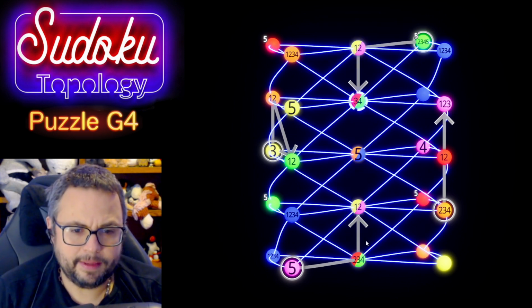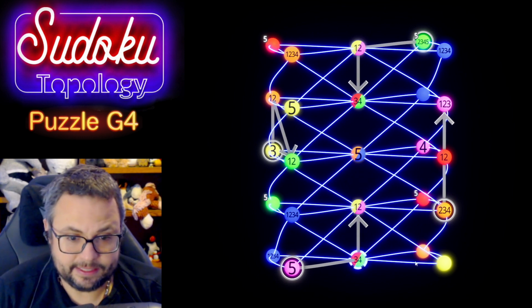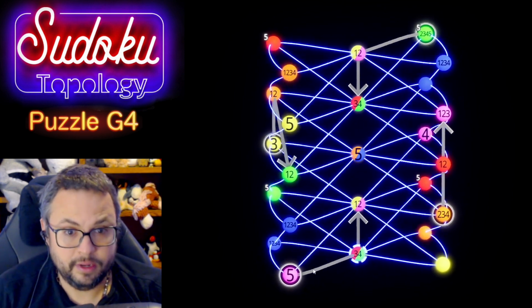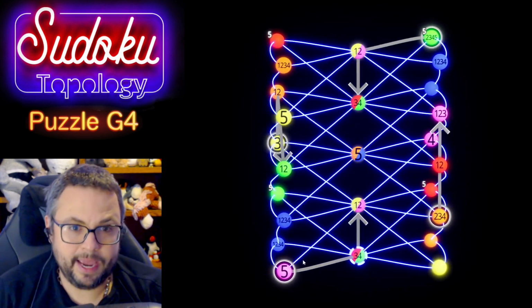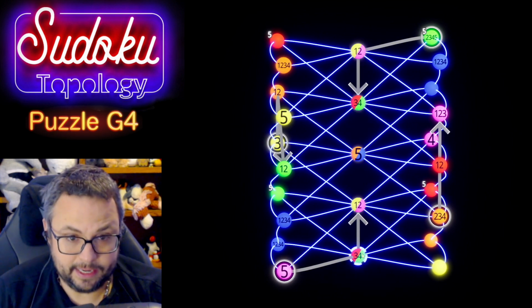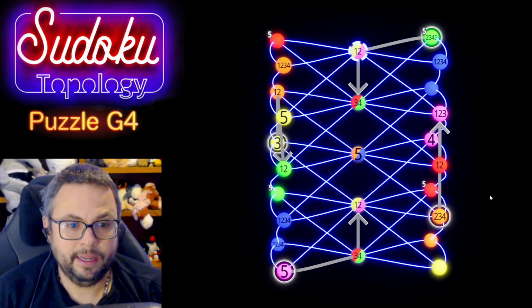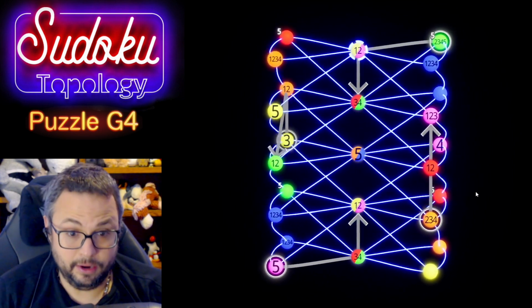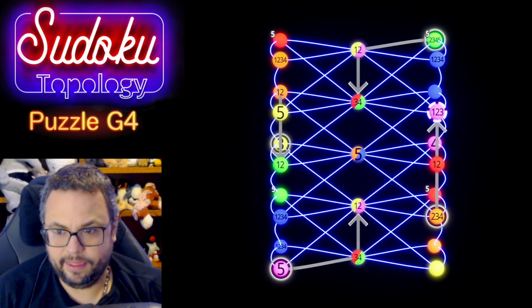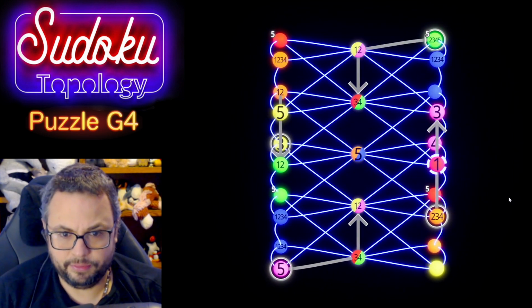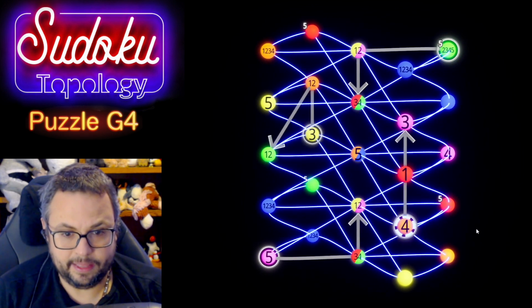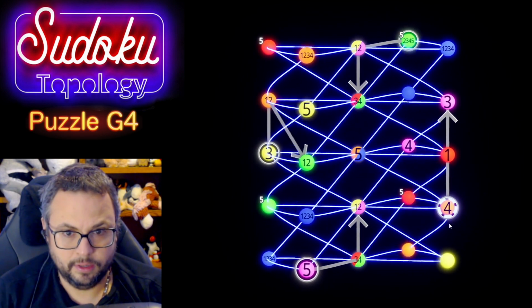It doesn't tell me anything about this, but it does tell me at least that this isn't 2. Okay, now I have a 3, 4 pair in red, green, and a 1, 2 pair in pink, yellow, which I think makes this a 3 and a 1, making that a 4.